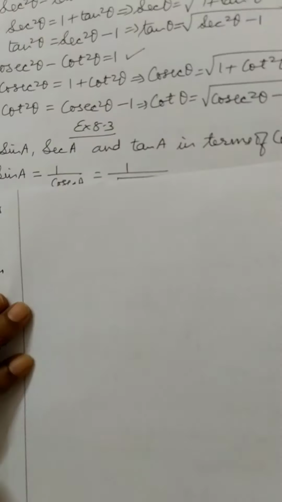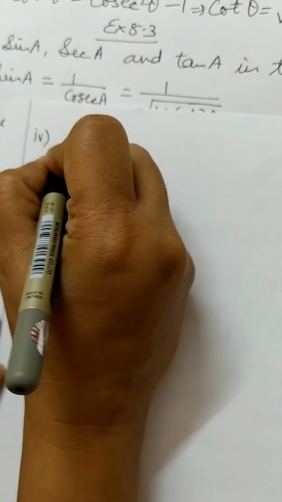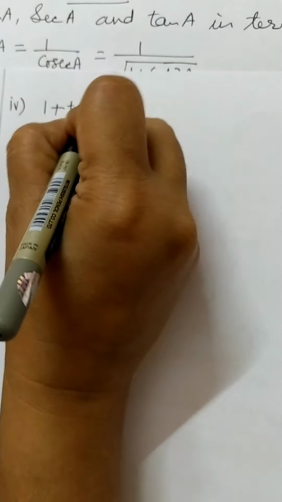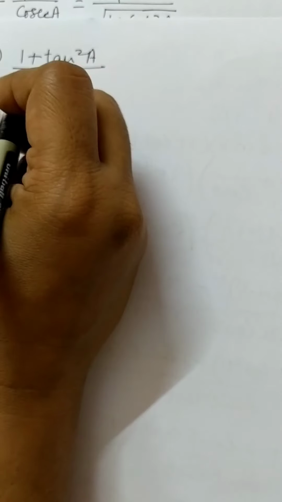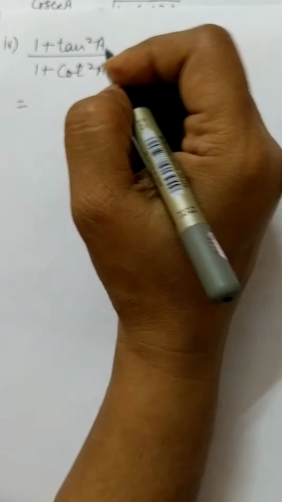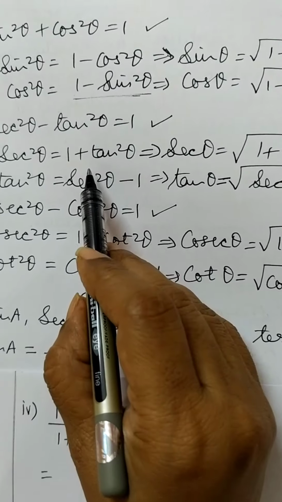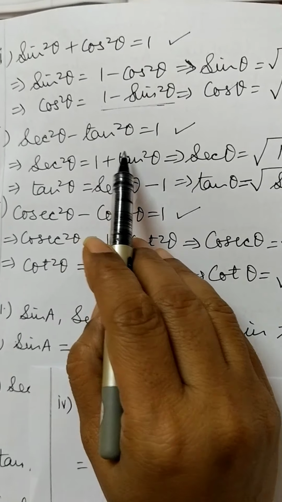Fourth part let us discuss now of question number 4. 1 plus tan square A upon 1 plus cot square A. Yes. Any identity? Yes. 1 plus tan square A. See here. Second identity. Sec square theta minus tan square theta is 1.